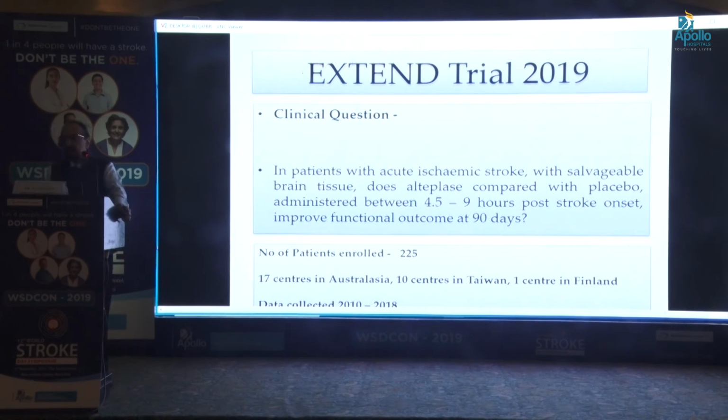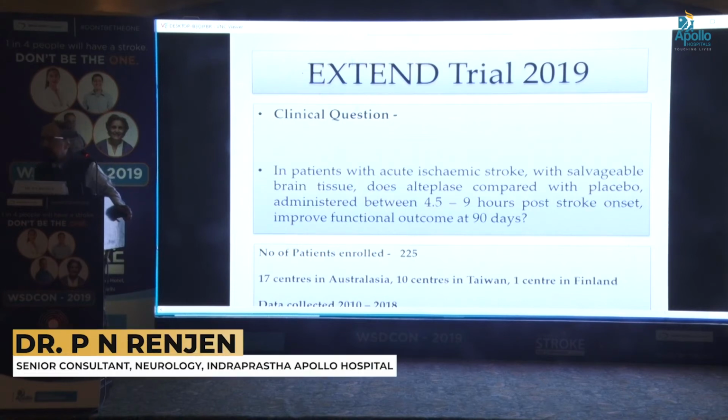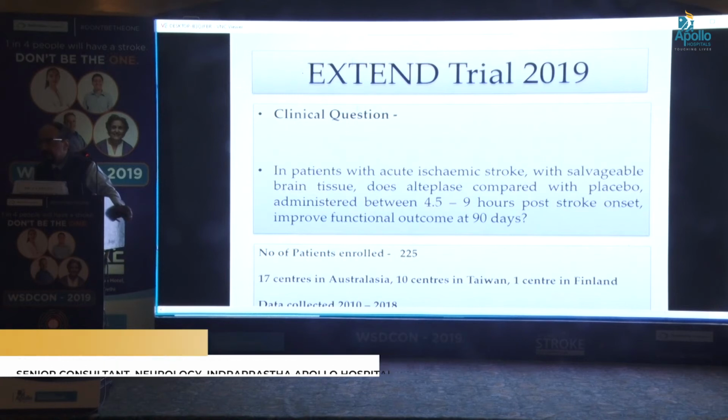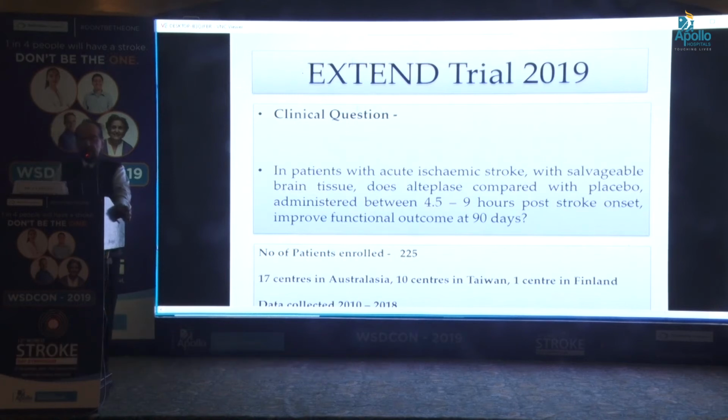In patients with acute ischemic stroke with salvageable brain tissue, alteplase compared with placebo, 4.5 to 9 hours post-stroke, improved functional outcome at 90 days. They took away patients who had large artery occlusion, who required a thrombectomy, could have been taken.